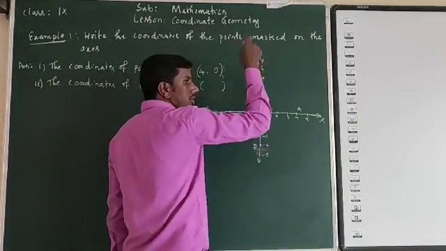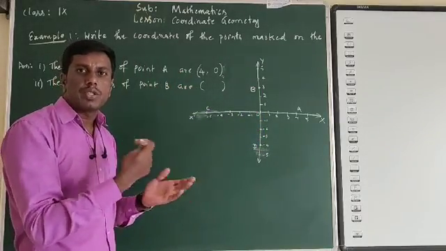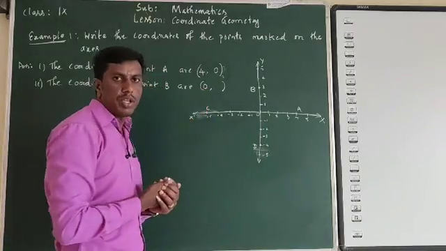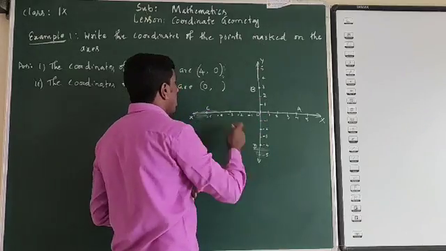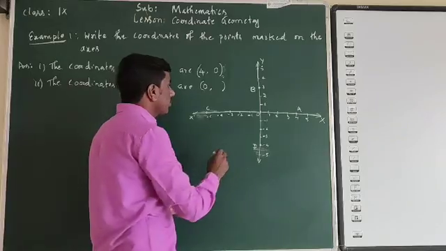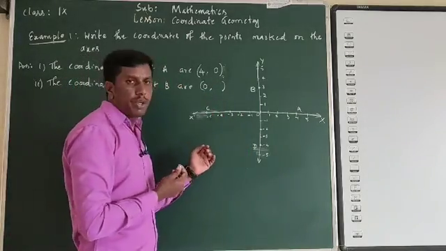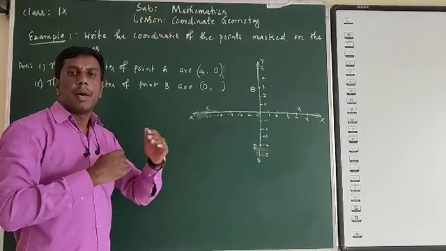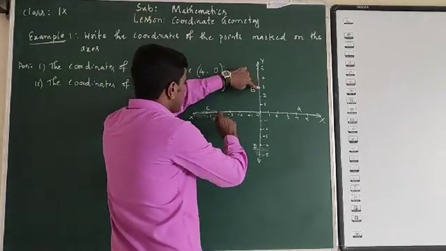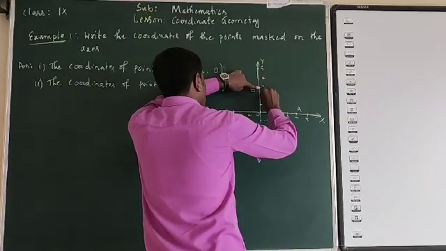Therefore the x value, that is the x-coordinate or abscissa value, is 0. Now the ordinate, or y-coordinate, is nothing but the perpendicular distance from the x-axis. This is the point, and this is the x-axis. The perpendicular distance from the x-axis is 1, 2, 3. So it is 3.